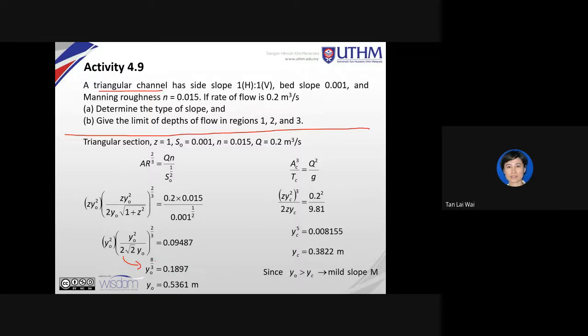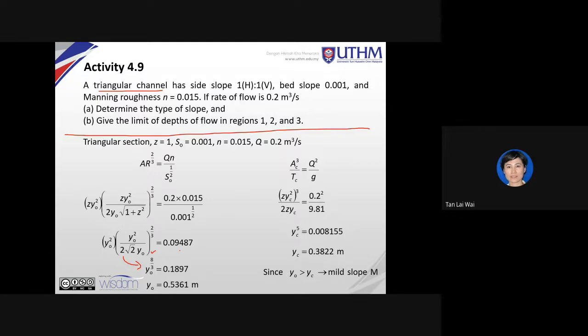Sebab kalau both side kuasa 3/8, yang ni akan jadi satu. So Y0 is 0.5361. You don't really have to, tapi kalau nak solve guna calculator pun okay. But this is very direct, tak perlu pun trial and error.